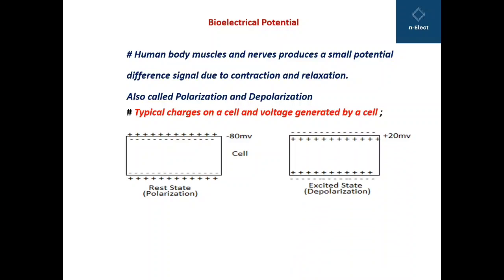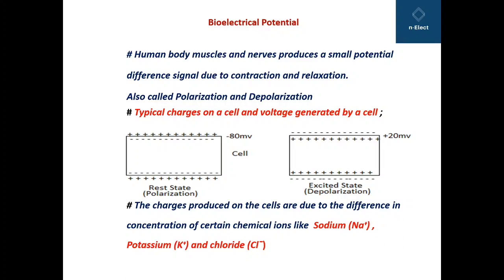While at the other end, when the body is in excited state, which is also called the depolarization state, the charge positions change exactly opposite to that of rest state, and the negative charges are seen on the outer surface while the positive charges come to the inner surface, and the voltage which exists there is only around plus 20 millivolts.